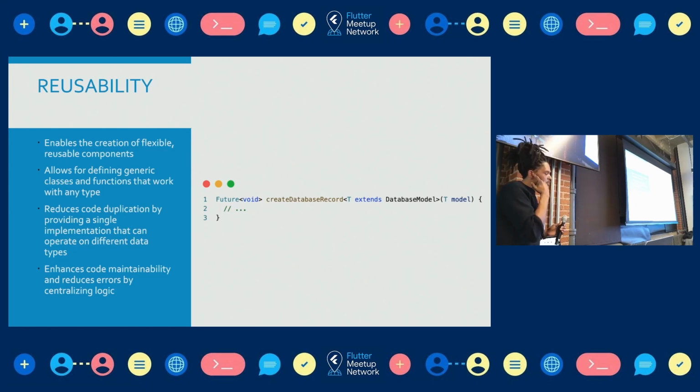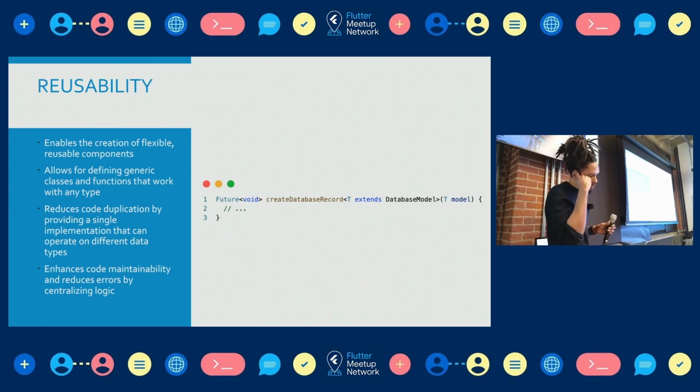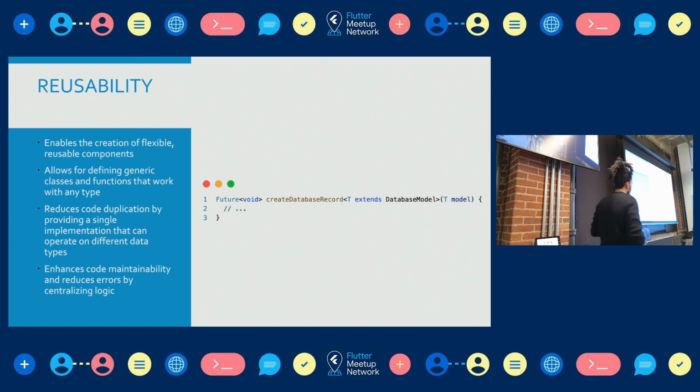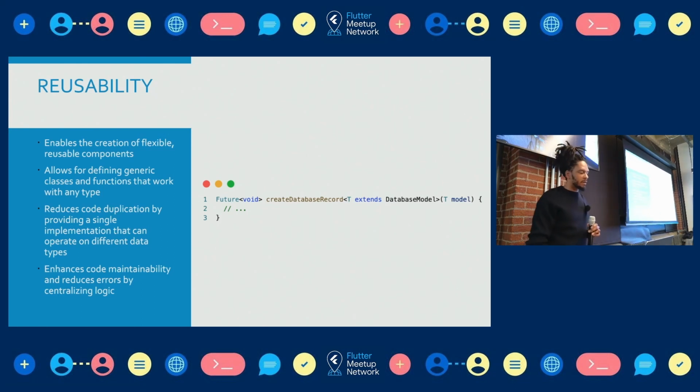It allows you to create flexible components, centralize the logic to reduce duplication of your code. And we'll see in the demo where I use generics for centralizing the logic, writing and reading from a database. High level, that's what I wanted to talk about concerning generics. I'll take questions here, and then we'll go to a demo.